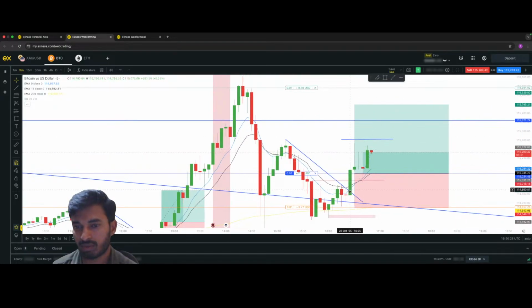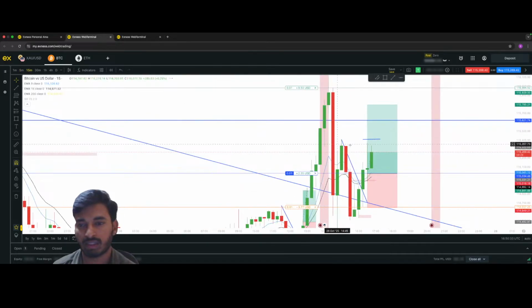If I get 1:1, I will shift my stop loss to cost. That is a better idea.